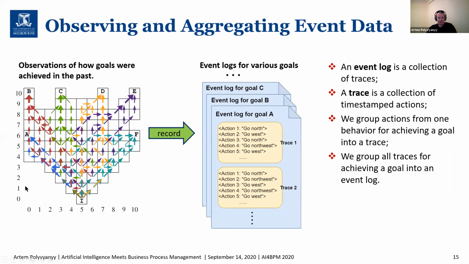So we take the observations, we compose event logs. For each of the observations towards certain goals, for example, all the blue walks towards goal A get collected in the event log for that goal A. All the dark red walks get collected in event log B, etc. And note here that we don't actually need to know information about the environment we operate in.